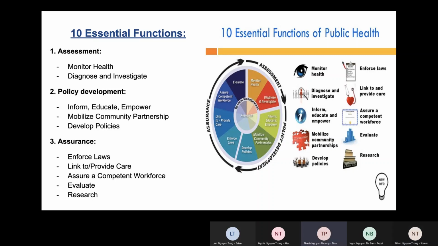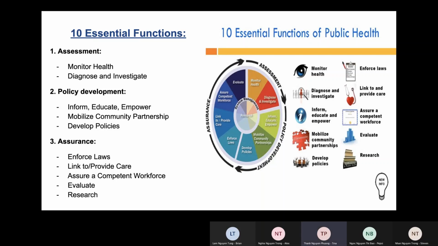I want to talk about the 10 essential functions. As you can see in the graph, the 3 core functions are on the outside of the circle, and the 10 essential public health services are underneath them.